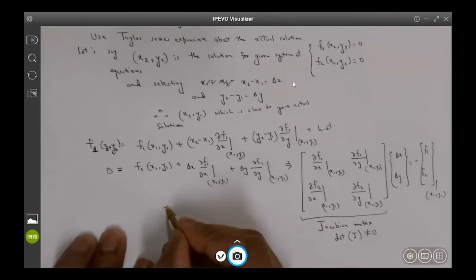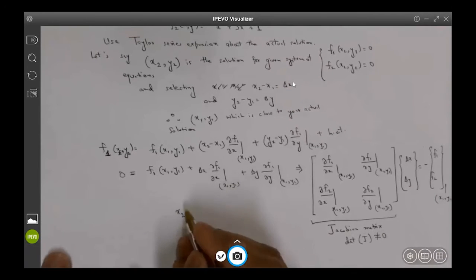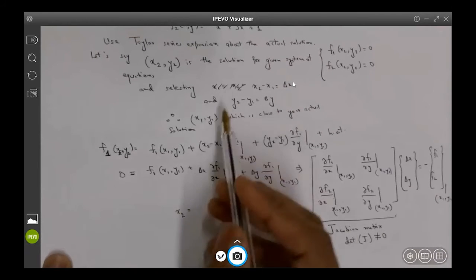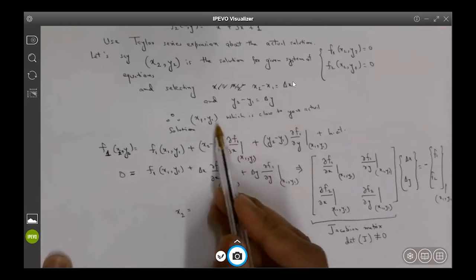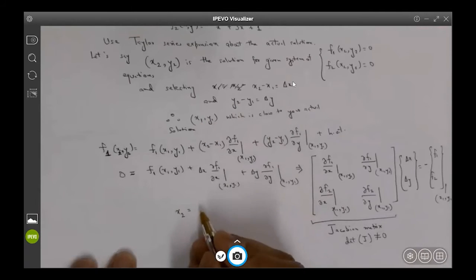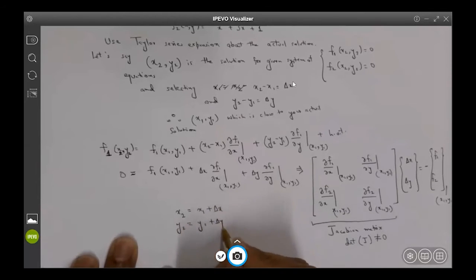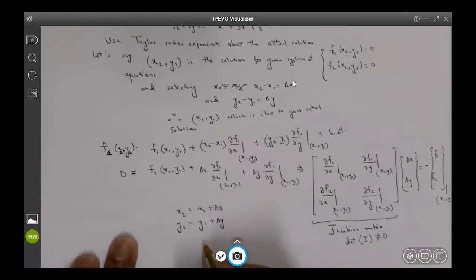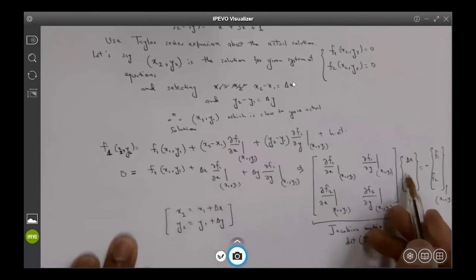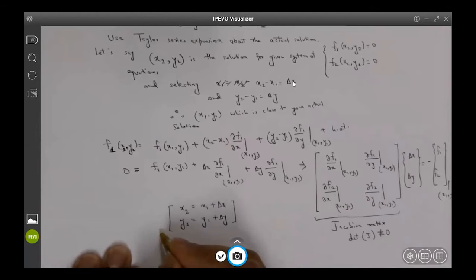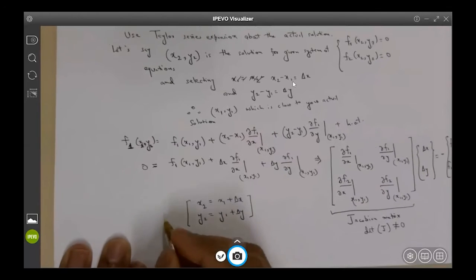And then for the first iteration, you assume x1, y1, which is near the actual root. Then for the second iteration, x2 will be x1 plus delta x, and y2 is y1 plus delta y. And you repeat the steps of solving for delta x and delta y thereafter till convergence.